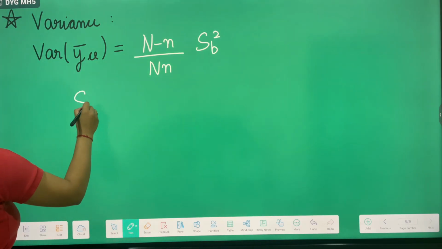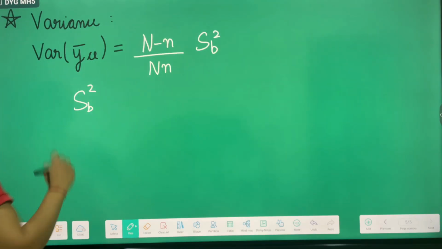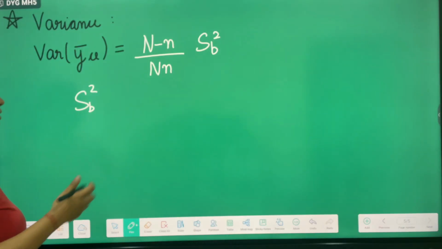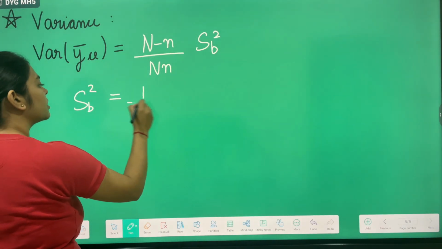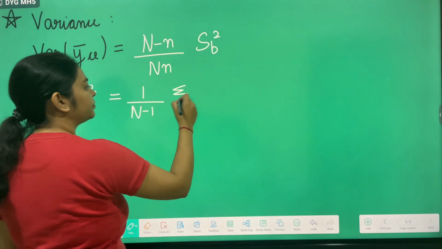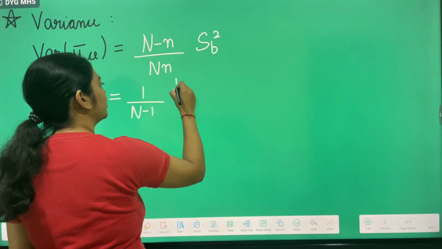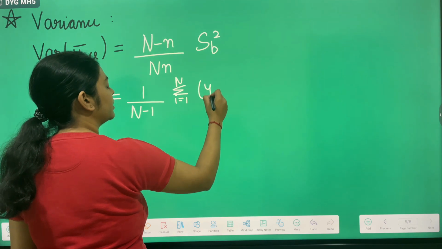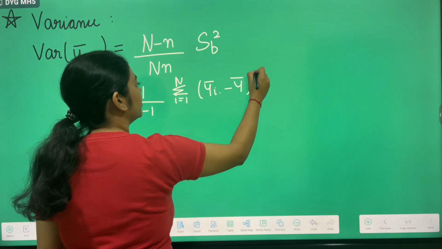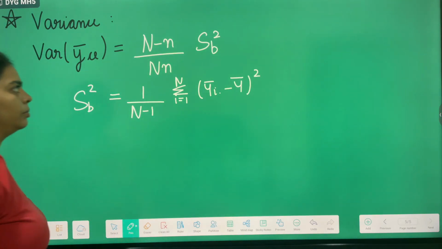Here S_B square is the variance in between the samples. We have done within the sample and now this is in between the sample, and its formula is 1 upon capital N minus 1 summation i goes from 1 to N, y bar i dot minus capital Y bar whole square. This is the formula.